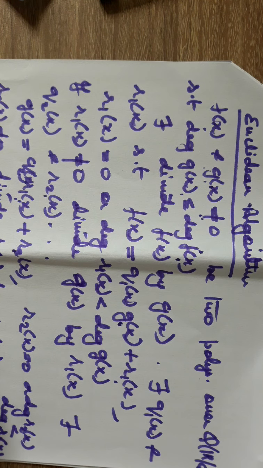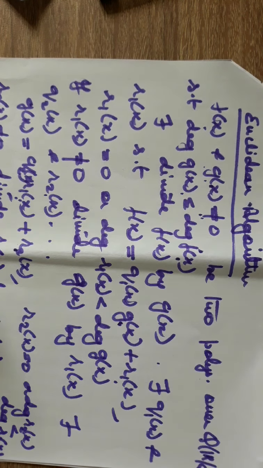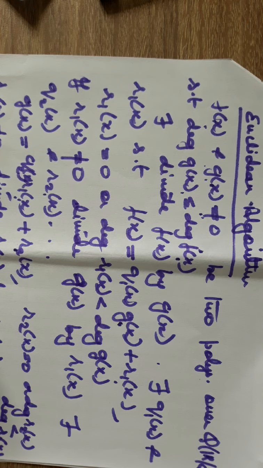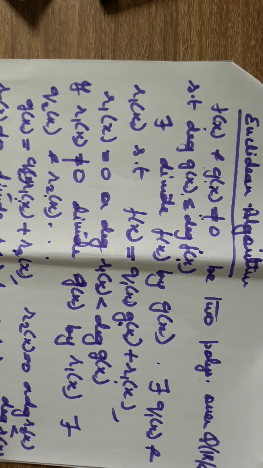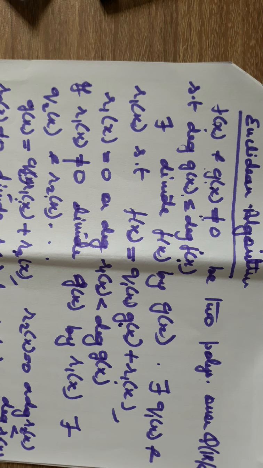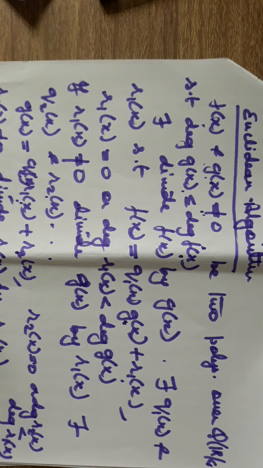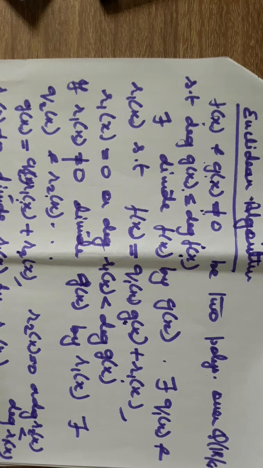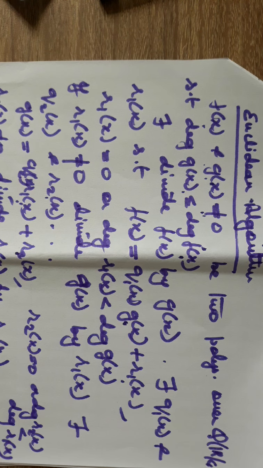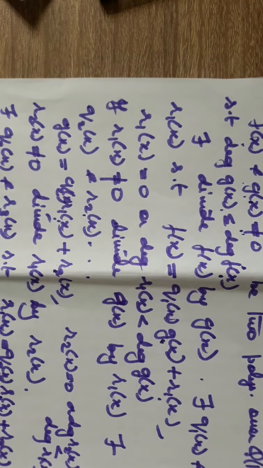Again by the division algorithm there exist q3(x) and r3(x) such that r1(x) can be expressed as q3(x), the quotient polynomial, times the divisor r2(x) plus r3(x), where r3(x) is equal to 0 or the degree of r3(x) is less than the degree of r2(x).